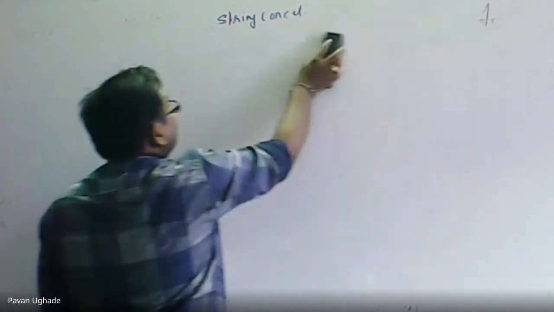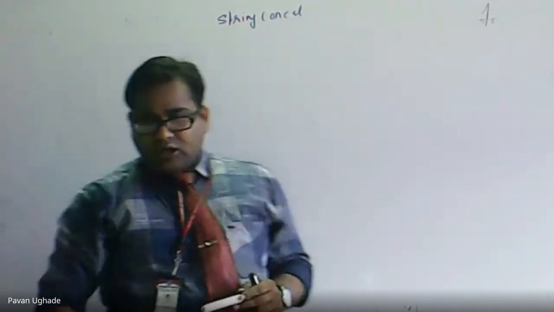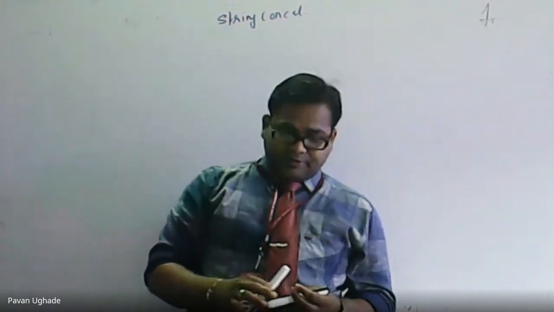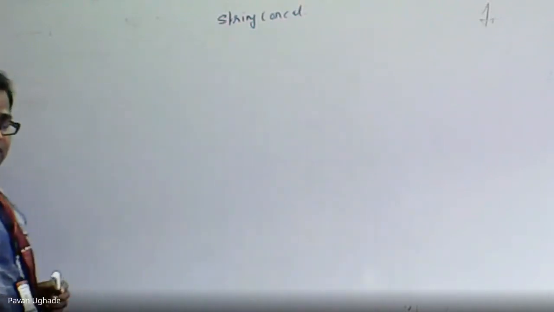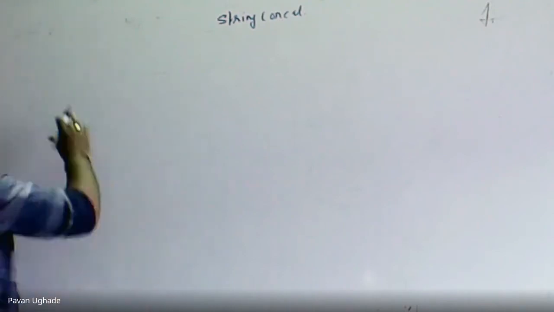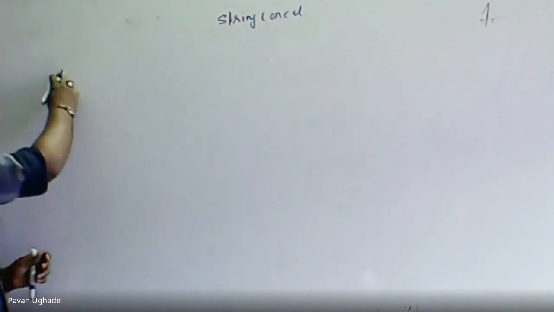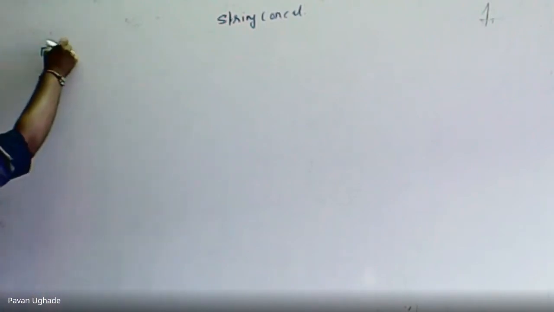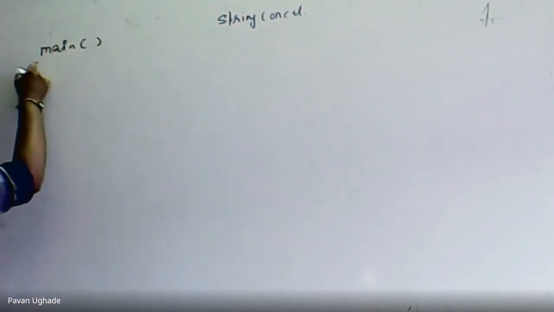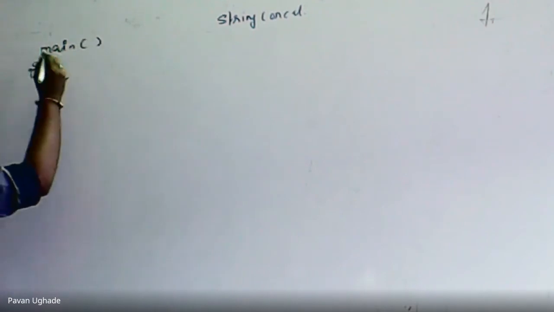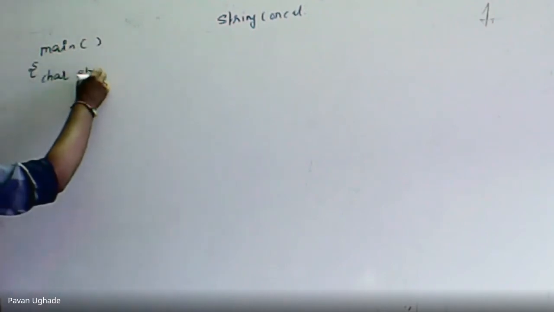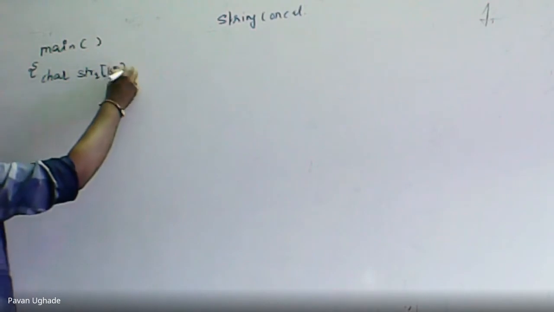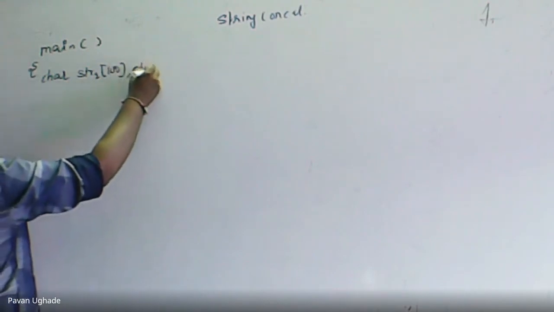We'll see how this can be implemented through programming. Let's see one example. We need to read two strings basically. So let's start a program where we read two strings: character str1 of 100 and str2 of 100.